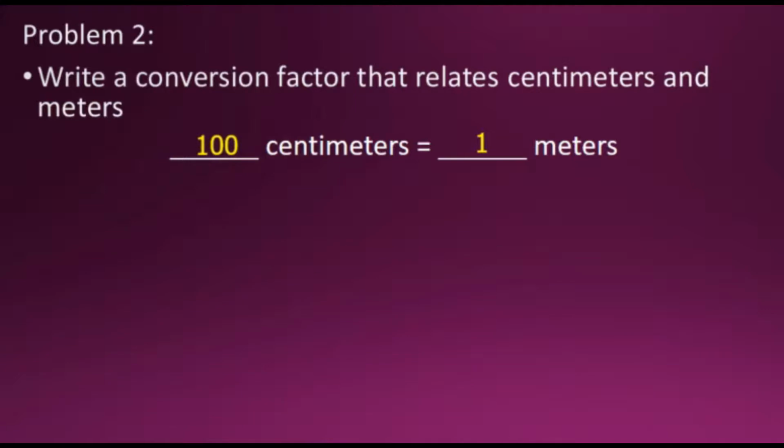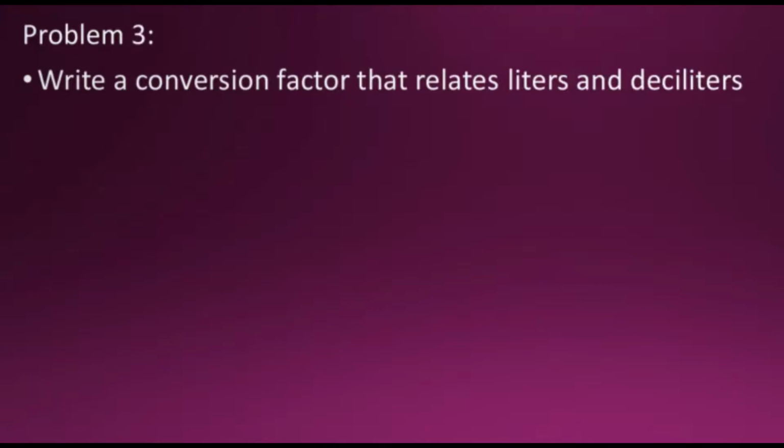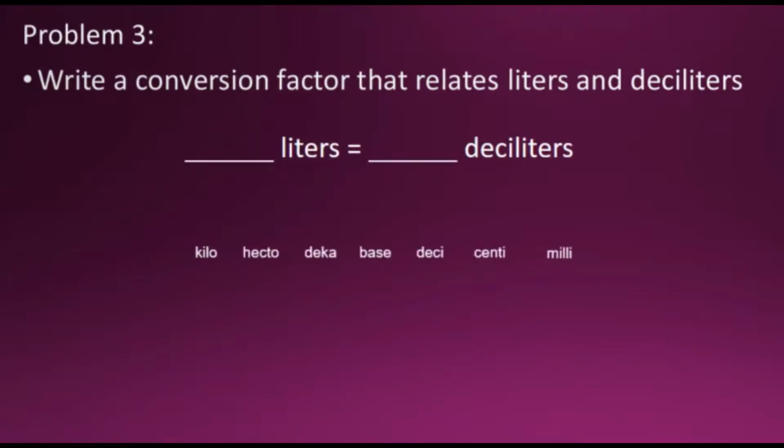In this next example, we are asked to convert liters and deciliters. We start by putting a 1 in front of the larger unit. Looking at the prefix chart, we find the one that is furthest to the left is the base, which sits to the left of deci. So this is our larger measure.